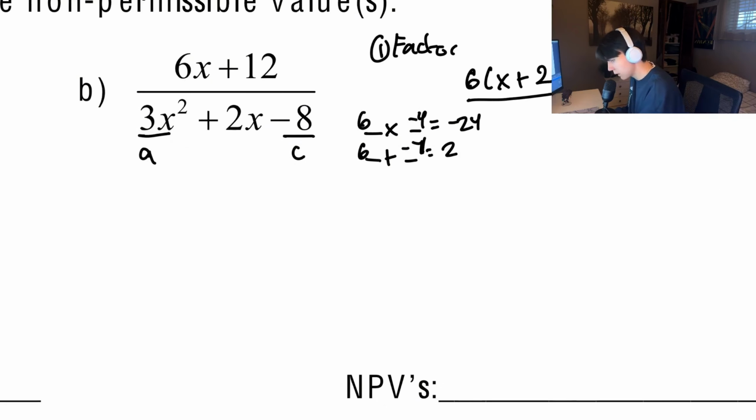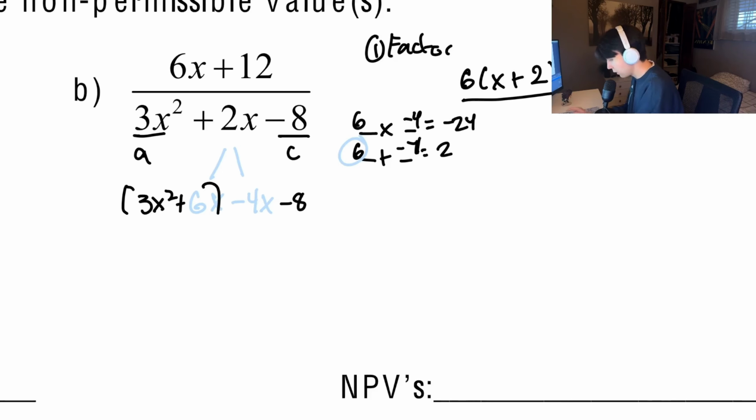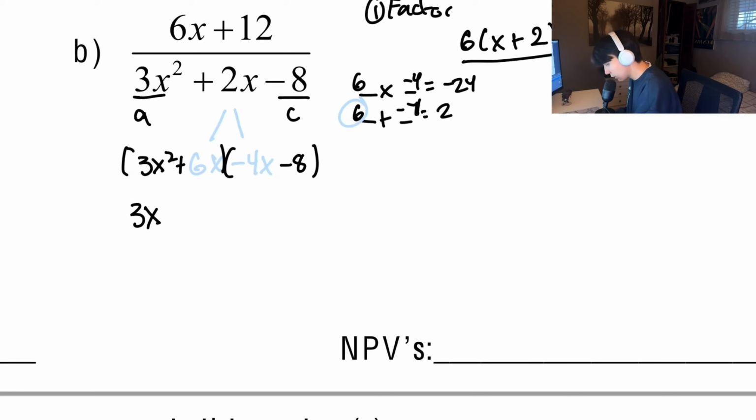So now what we're going to do is break down our middle term into the factors that we just found. So 6x and negative 4x. And again, you're just going to factor and solve by decomp. What's common between these two is going to be a 3x, and what's common between these two is going to be a negative 4.